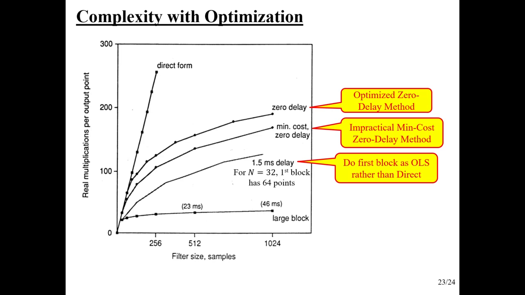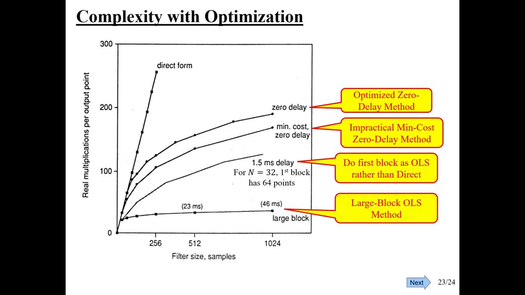And so you can play a game. You could maybe even do a bigger block. If we went to N equal to 64, we'd get double that delay, and we'd probably go even further down. So you can play with that however you want to do a trade-off between computational complexity and the amount of delay that you have.